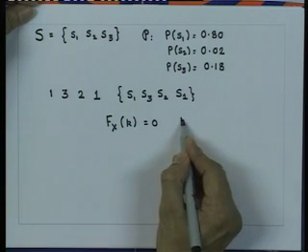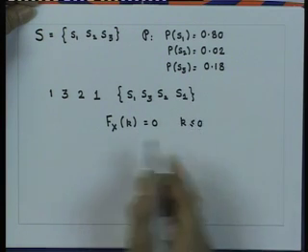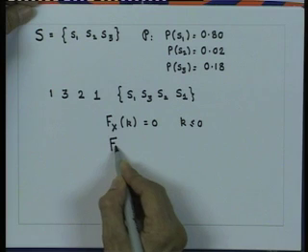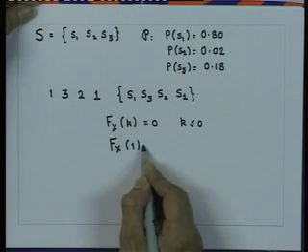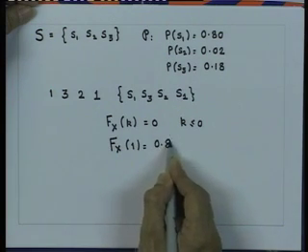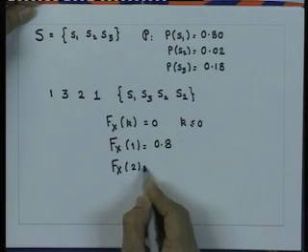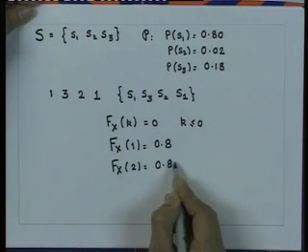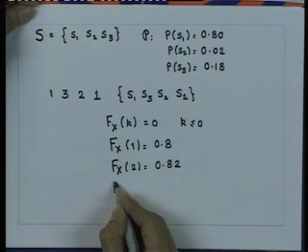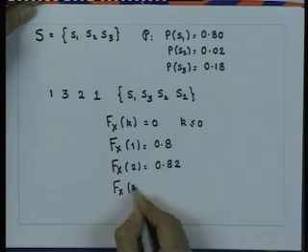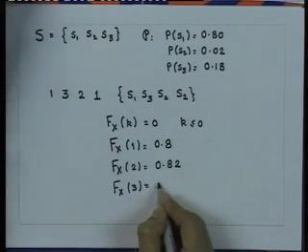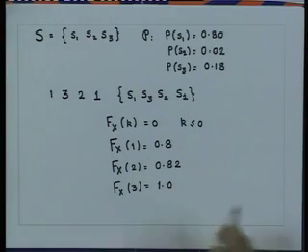This is equal to 0 for k less than or equal to 0. Fx1 is equal to 0.8, Fx2 is equal to 0.82, and finally Fx3 is equal to 1.0.